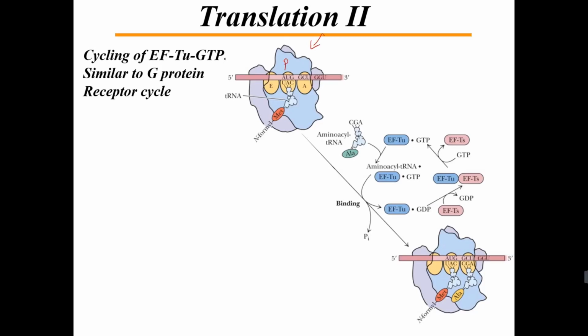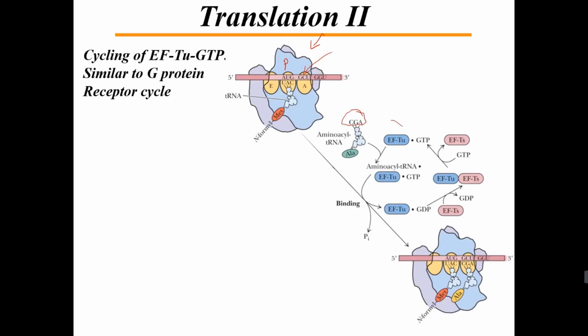Okay, so the second step in this process of protein synthesis includes bringing in the next aminoacyl tRNA into that A site that corresponds to whatever codon is in the sequence of the mRNA. And again, it must correspond to the anticodon of the cognate aminoacyl tRNA.